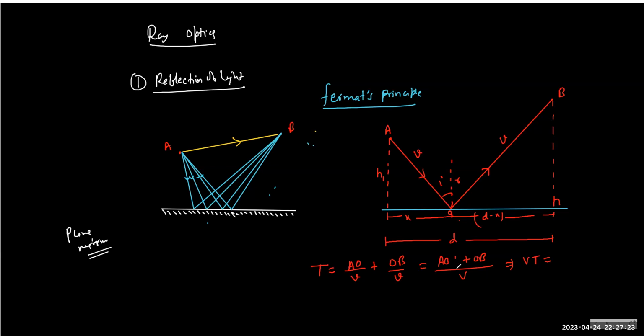What is AO? AO is X by sin, which is h1 by sin I. Okay.